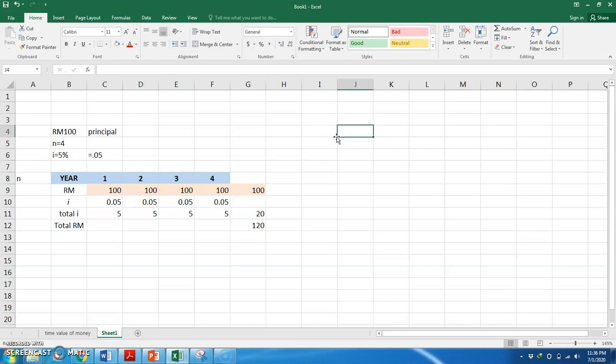You say, "Madam, why is it so little? Only 20 ringgit." Well, because now you only invest 100 ringgit. If I change the amount to 10,000, how much do I get?